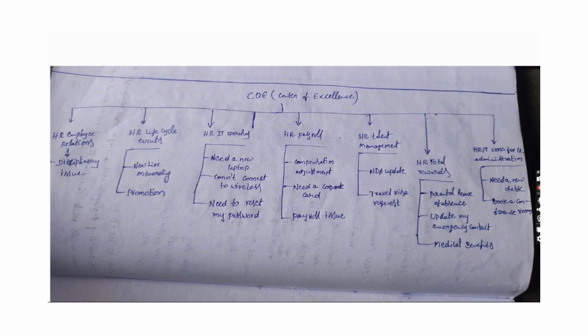Are there any doubts about these services? Services and their duties, what type of duties do they generally do under each service? So 7 services are there: employee relations, life cycle events, IT operations, payroll and talent management, total rewards, and workforce administration.